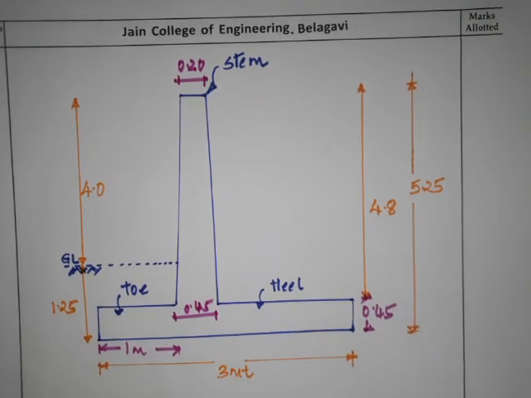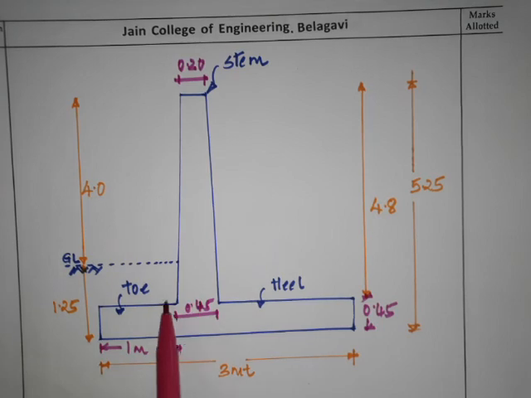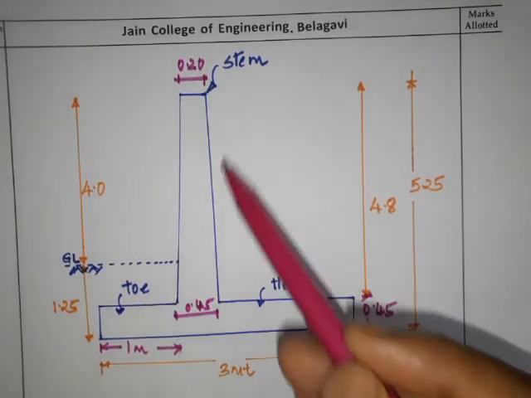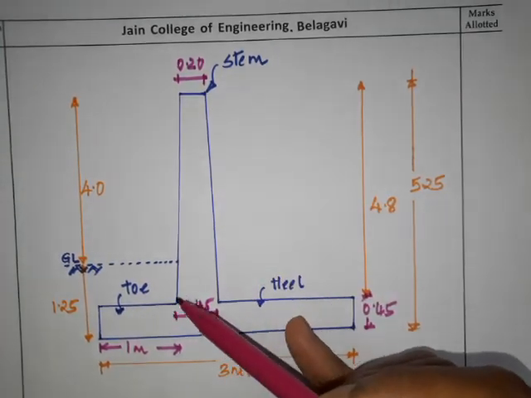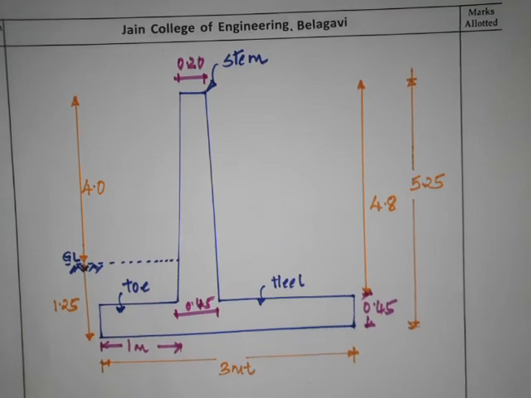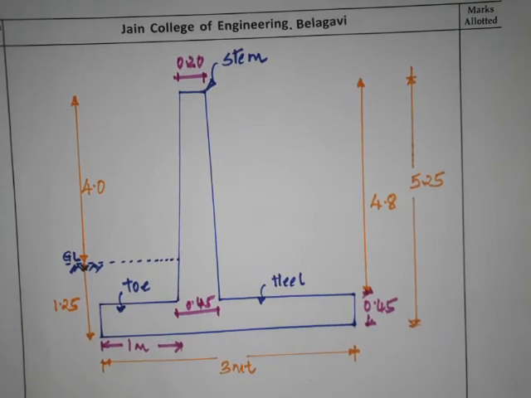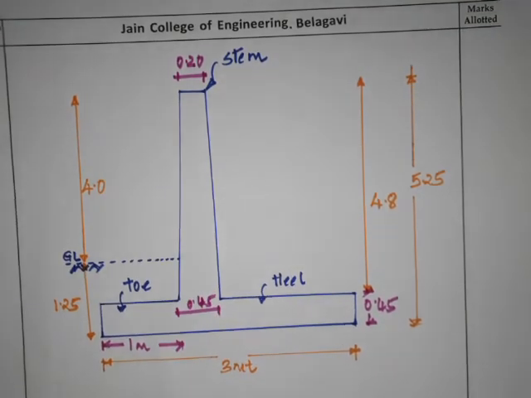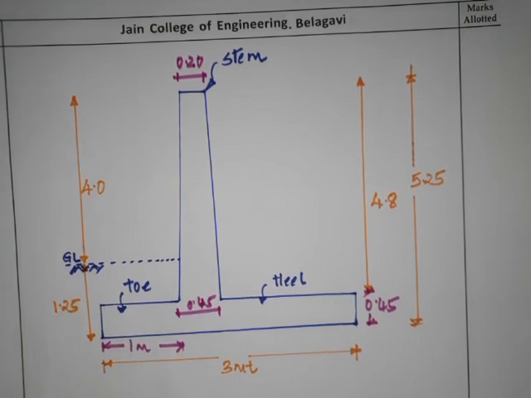So we got the thickness of stem here. That is 0.45 at the junction, and tapering to 200 means one side straight and one side tapered, at the top for a thickness of 200 mm, nothing but 0.2. Understood? Clear?